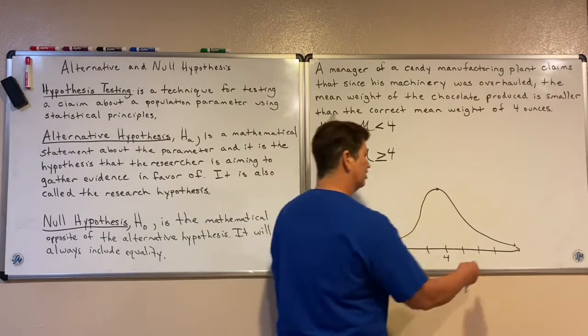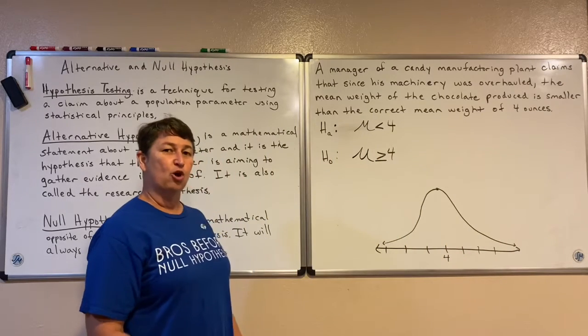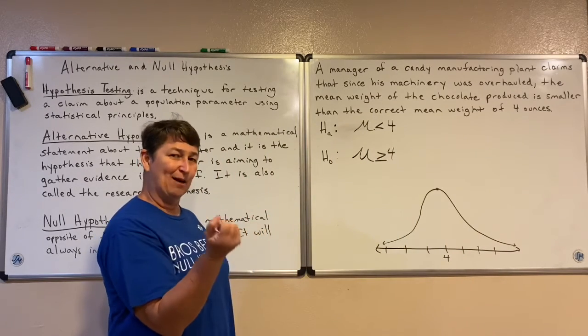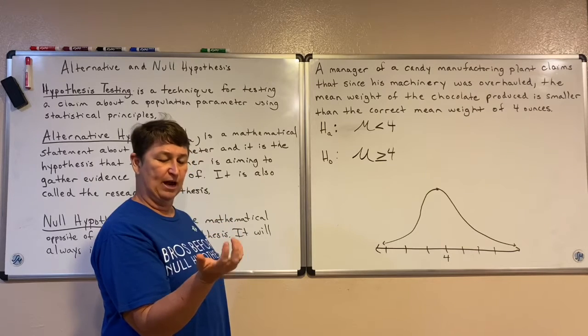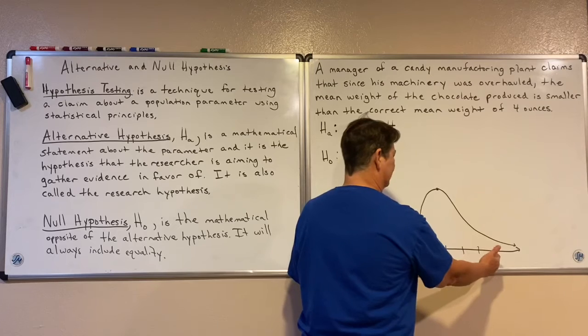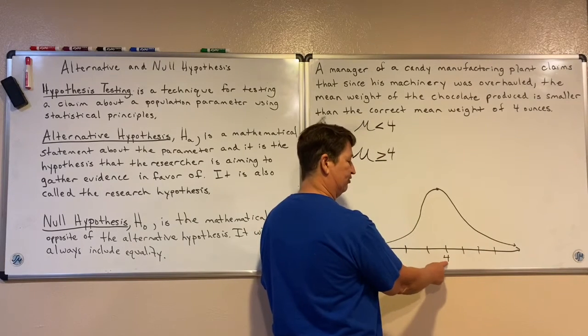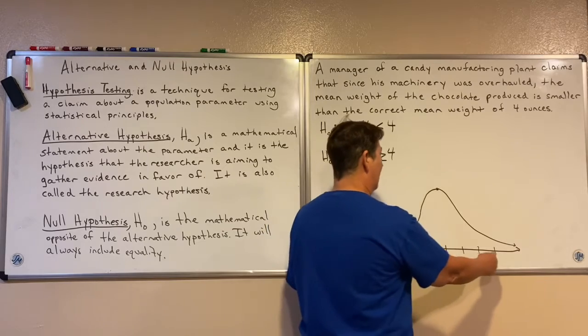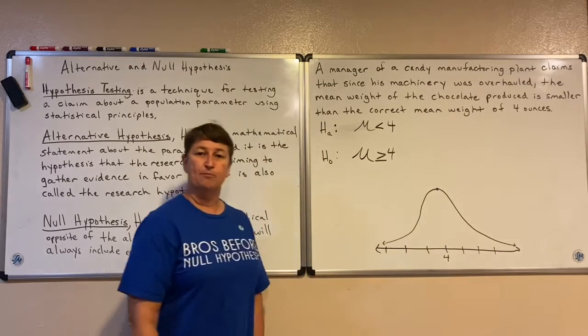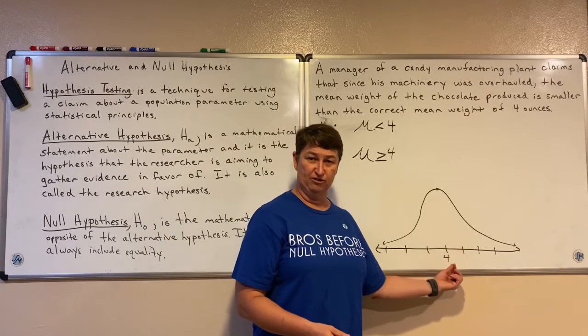So, with that confidence interval, if I go out and grab a sample of the chocolate bars and weigh them, if the population mean weight is 4, I would expect the mean weight of my sample to be within 3 standard deviations of this mean.